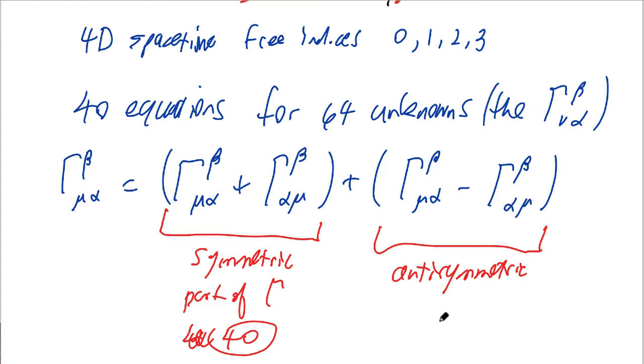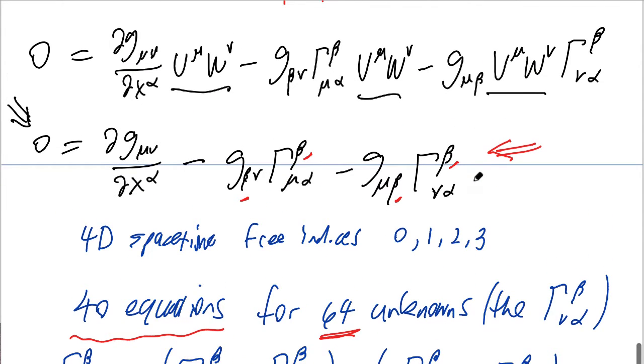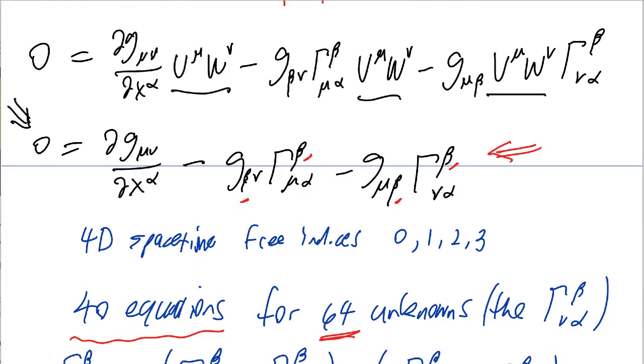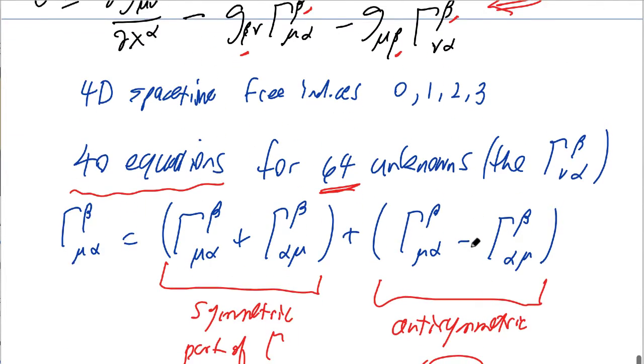That's 4 times 6 is 24. All right, so the 64 unknowns can be split up into 40 unknowns for the symmetric part of gamma and 24 unknowns for the antisymmetric part of gamma. So these 40 equations that we've written down up here, we'll use those to solve for the symmetric part of gamma. So what do we do about the antisymmetric part?